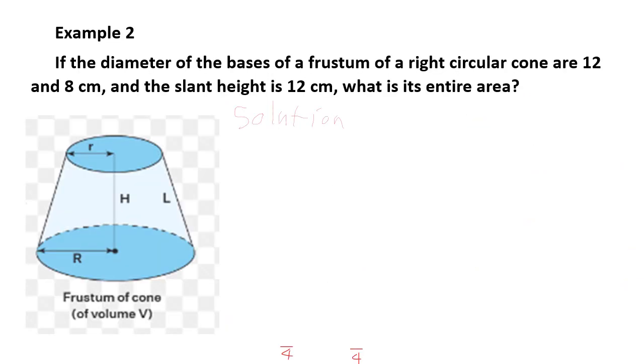If the diameters of the bases of a frustum of a right circular cone are 12 and 8 centimeters, and the slant height is 12 centimeters, what is its entire area? So the upper part, your r here is 8 centimeter diameter, so you have 4.